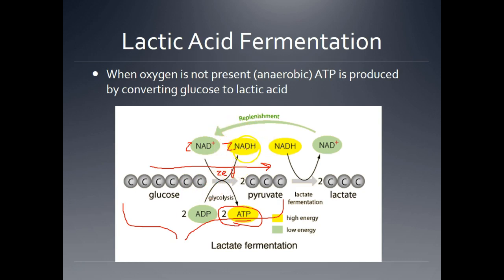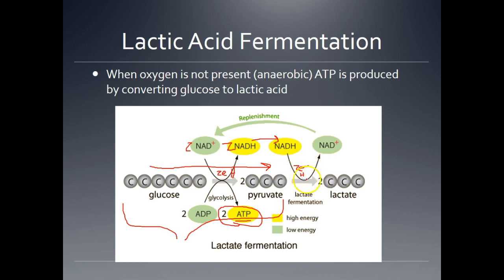They're going to temporarily hold on to those electrons and hydrogens while you convert the G3P to pyruvate. Well, once you turn it into pyruvate, you essentially give the 2 electrons and a hydrogen ion back to the pyruvate, turning it into lactic acid or lactate.